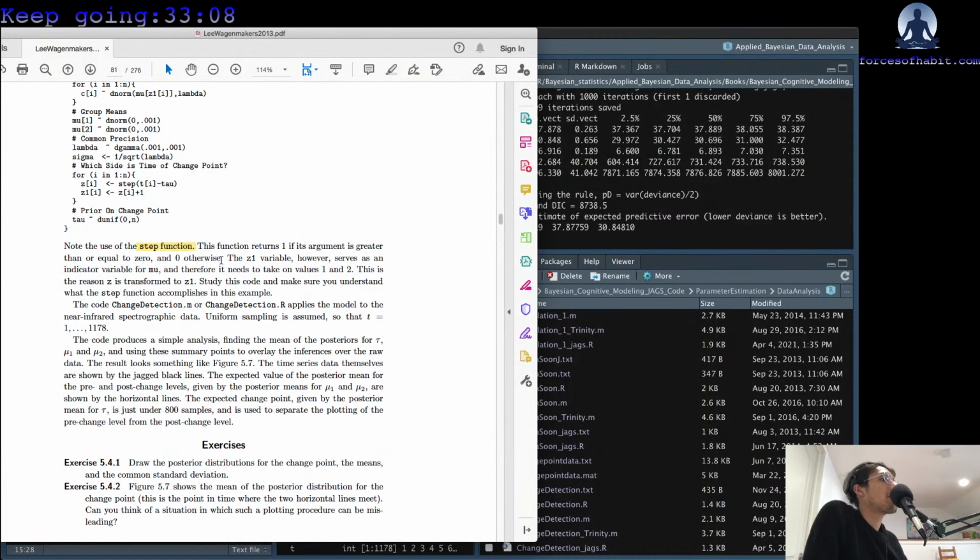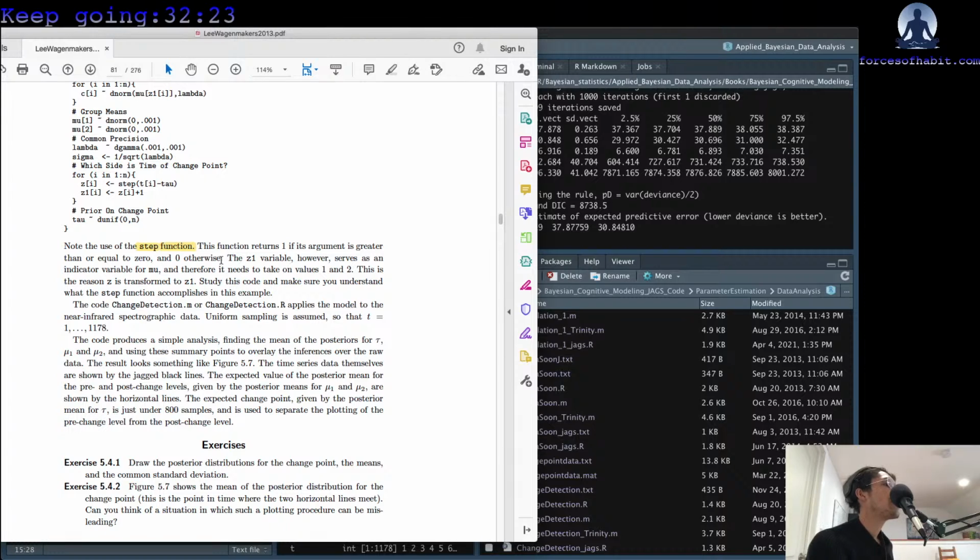So z helps us identify if there's a significant difference between the time points. So it's greater than or equal to 0, turns to 1.